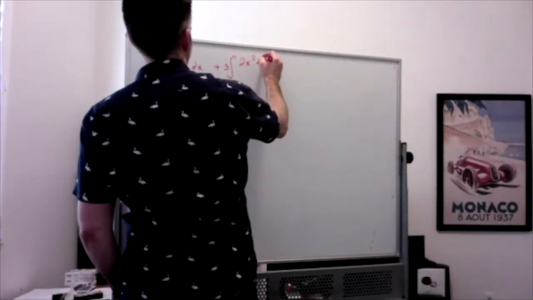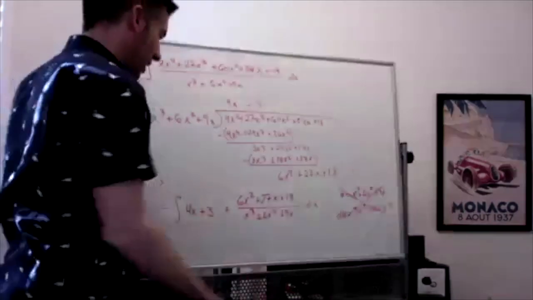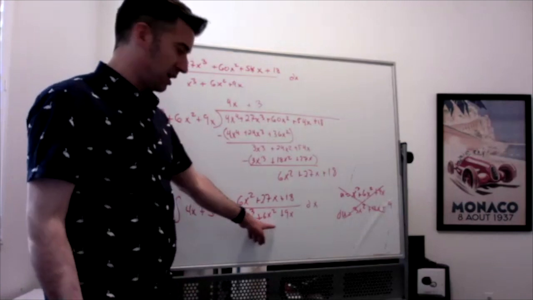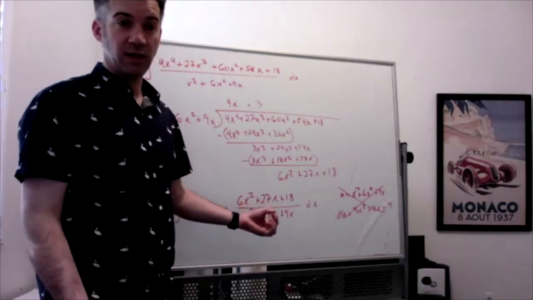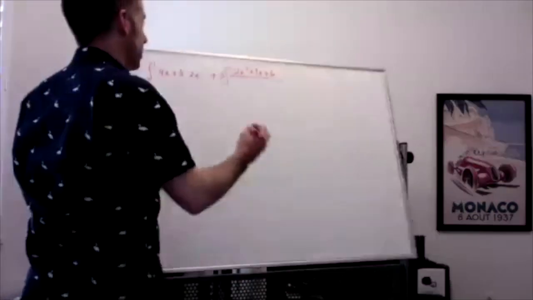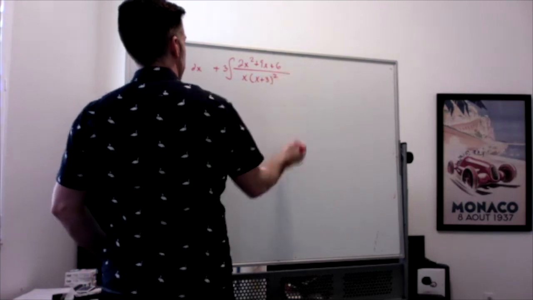And then the bottom, I can factor out an x, leaving x times x squared plus 6x plus 9. And x squared plus 6x plus 9 factors as x plus 3 quantity squared. So the denominator is really x times x plus 3 squared.